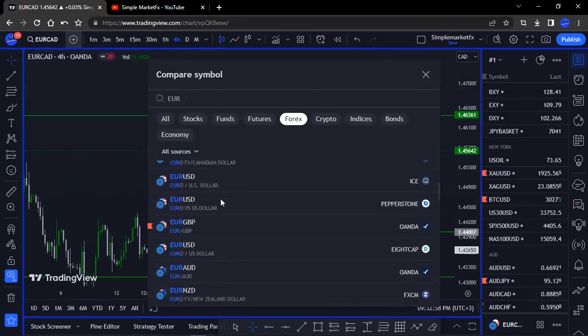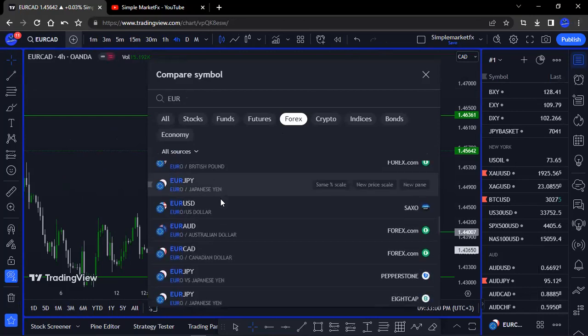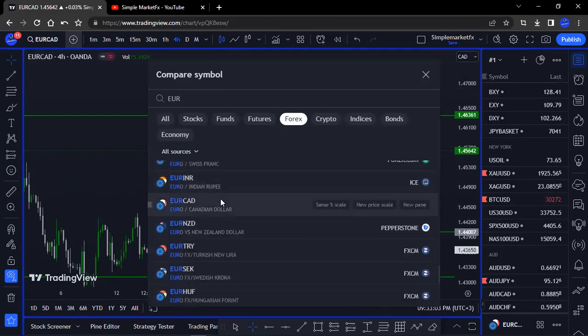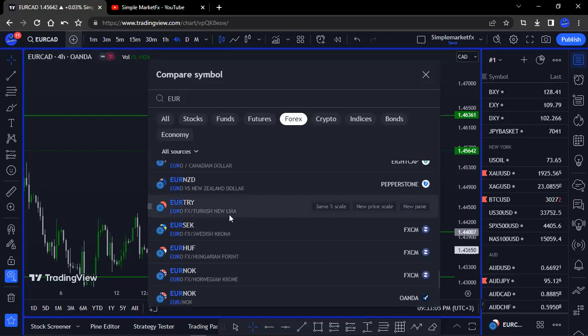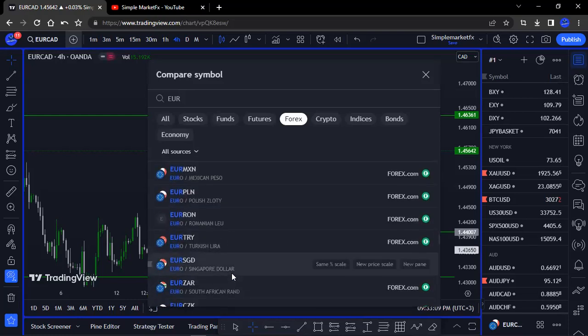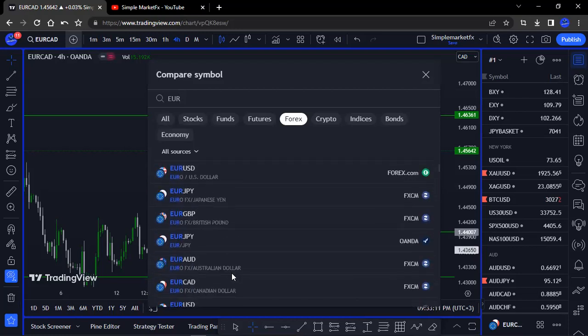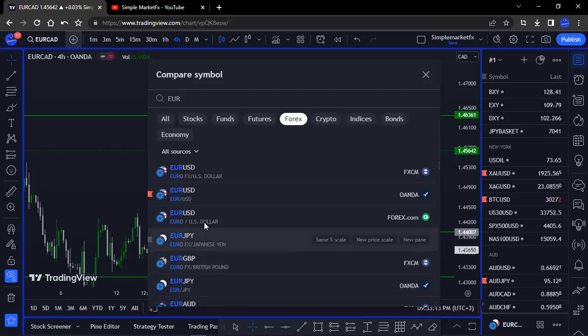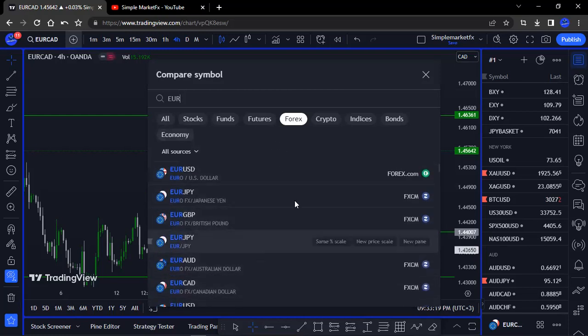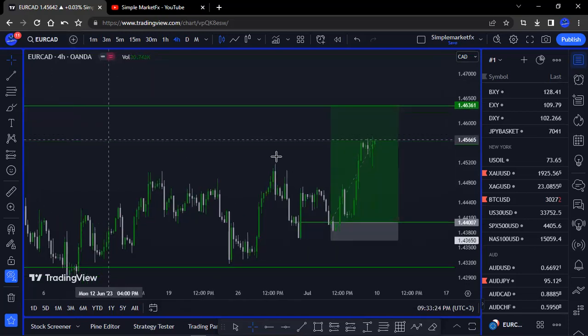We have Euro JPY, Euro Pound, Euro CAD, Euro NZD, Euro CHF, Euro TRY, Euro SEK, Euro HUF, Euro NOK. We have a lot of Euro pairs, but the most traded pairs come from Euro USD, Euro JPY, Euro GBP, Euro AUD, consisting of those 8 nations which are hugely liquid.